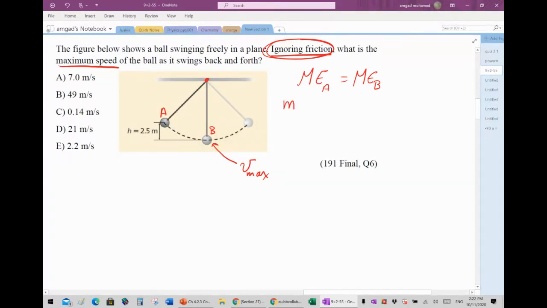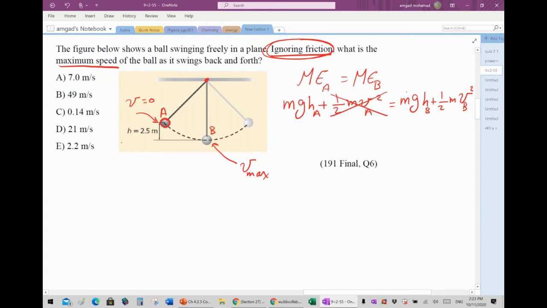So mechanical energy, mgh plus half mv square at point A, equals the same at point B. At point A, the speed is 0. You need to know that at the maximum height of the pendulum, the speed is 0. So at point A, this part is 0.